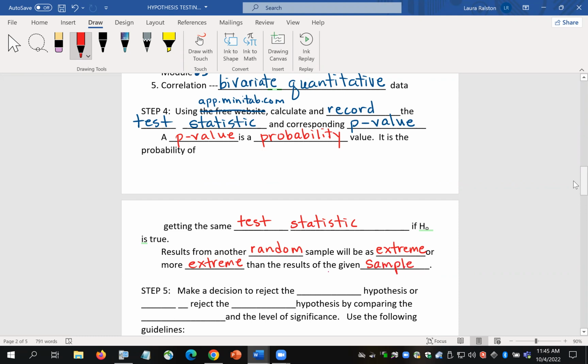Again, the idea is we're thinking about, sometimes you can look at the data and you go, well, duh, Miss Ralston, yeah, that's bigger. Or yes, that's smaller. But the question is, is it big enough or is it small enough to say, yeah, there's something going on. This value did not just occur by chance. The term for that is being statistically significant. We say, is our data or is our test statistic statistically significant?